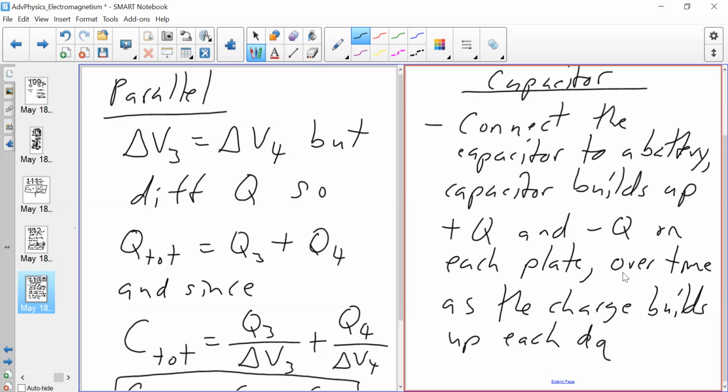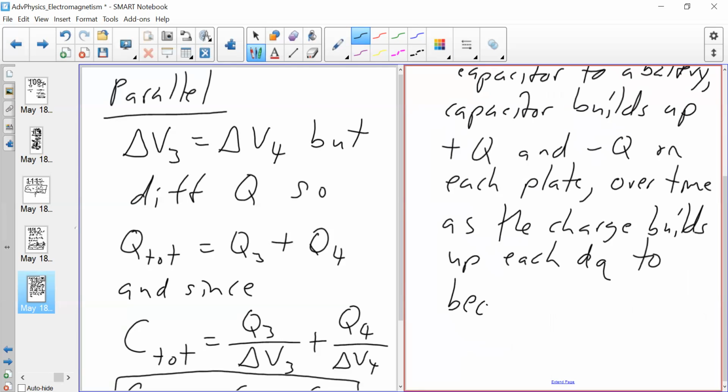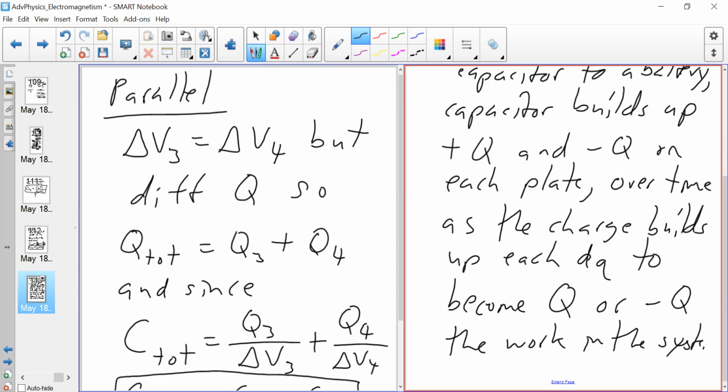The charge builds up, each dQ, to become Q, technically Q over A. You know, just being simple here, or negative Q. So as that happens, the work in the system, and it's going to go back to our previous understanding of what work is in terms of voltage.